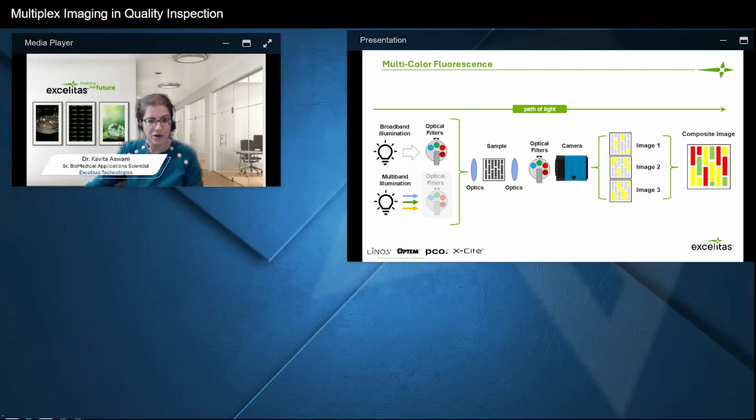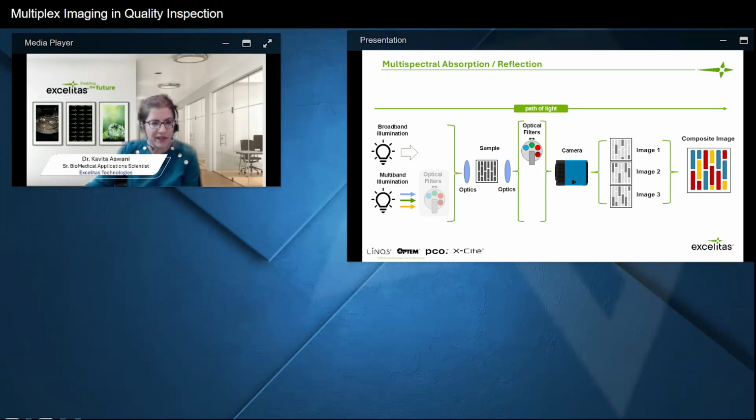The light gets through optics to your sample, back through optics. Here you do need filters to separate your excitation light from your emission. Goes to the camera. You get your different images. Image one, for example, would be blue, green, red, and your composite image would then give you information about all three different features that you're looking at in one image, so you can see where one is in relation to the other, which gives you some spatial information.